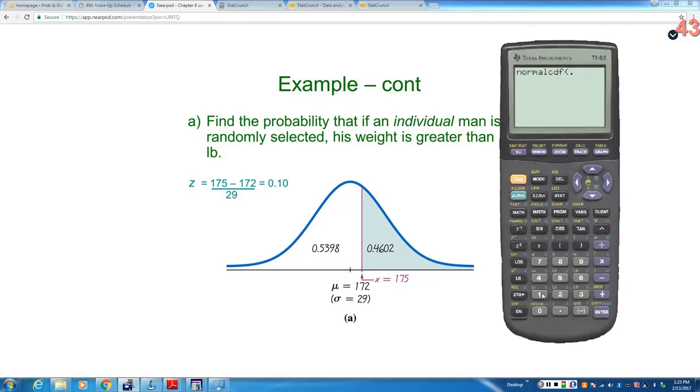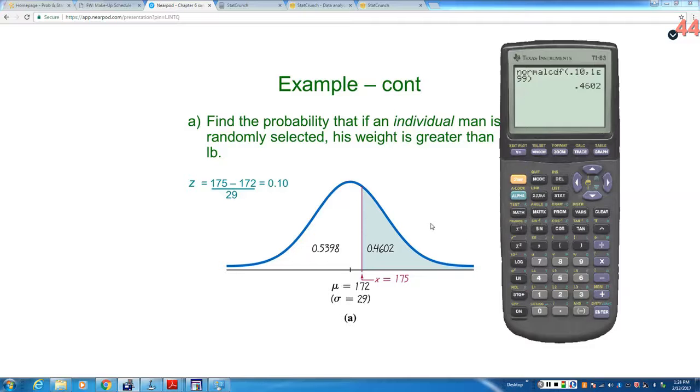We go from 0.10 all the way out to infinity, so that's 1 E 99, and press enter. And we get 0.4602. That's your answer. The probability of being greater than 175 is going to be 46%.